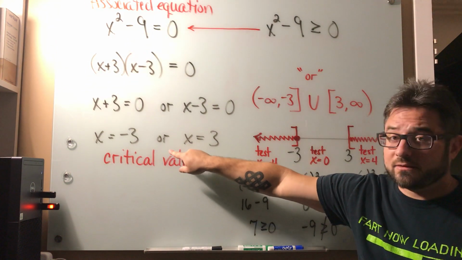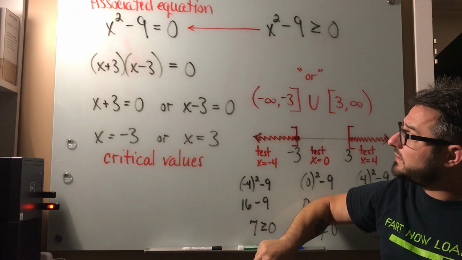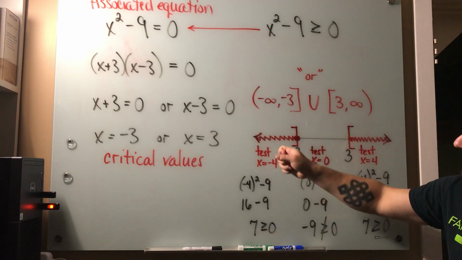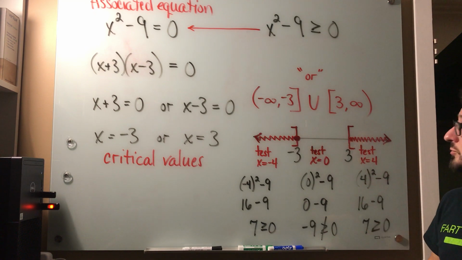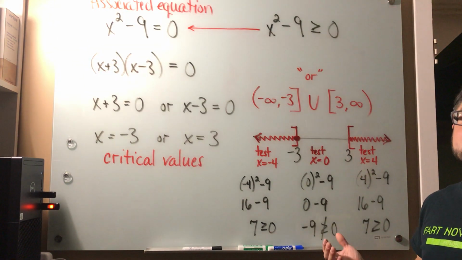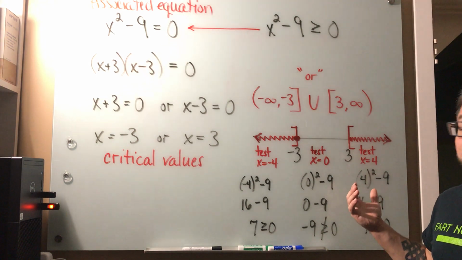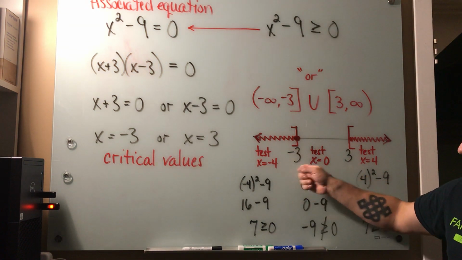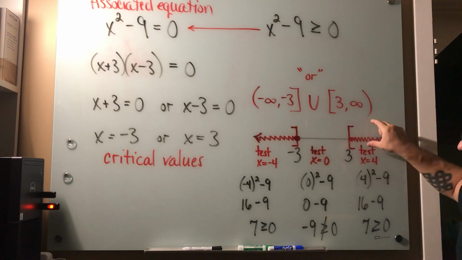Take those critical values, those solutions to the associated equation, and place them on the number line. They can split the number line then up into one region or two regions or three regions, or it all depends on how many critical values there are. If there are 2 critical values, we should expect 3 sections.